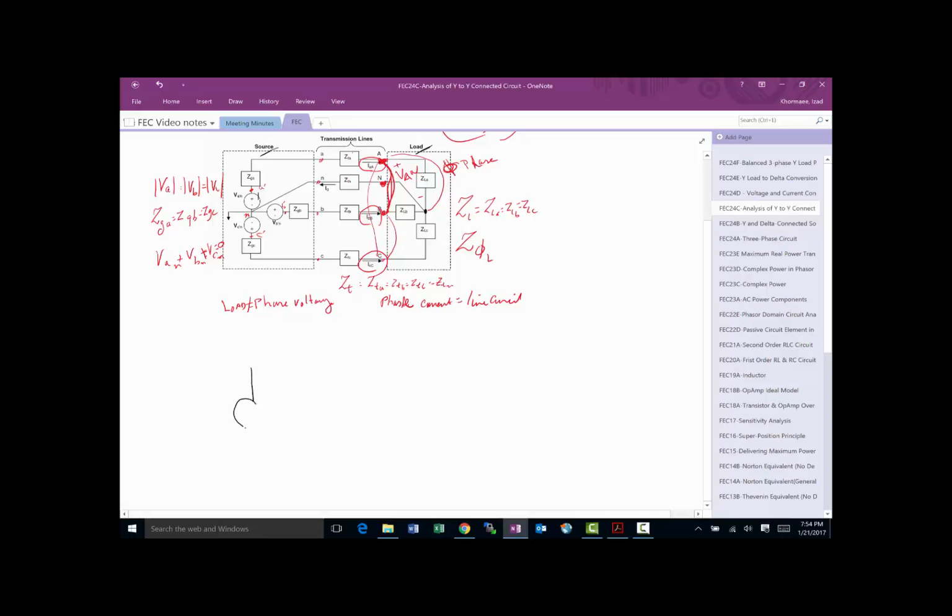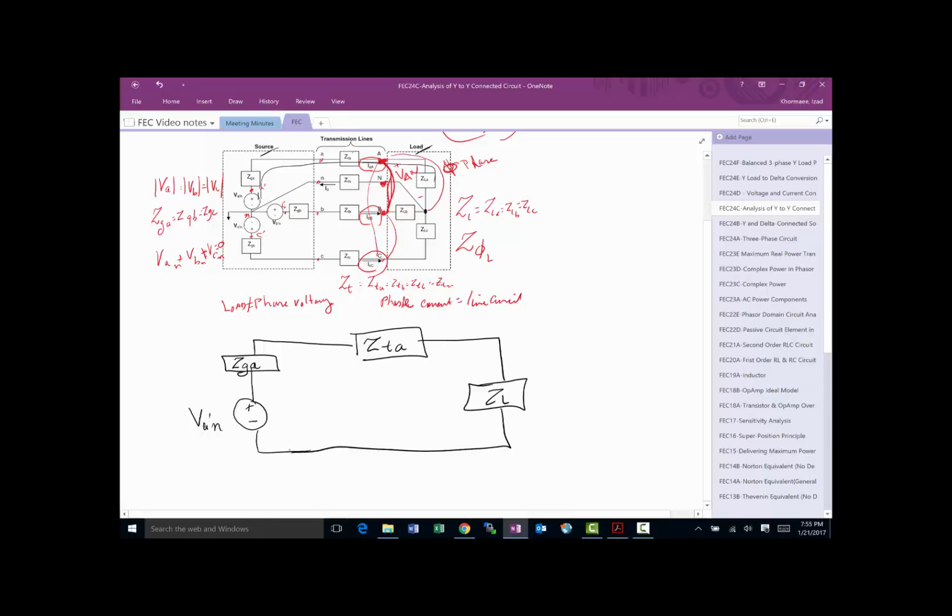So I'm going to take phase A, everything that it has. It has VA prime N, then ZGA, then the transmission impedance Z transmission A, and then Z load A. And I'm going to notice this is N and this is N.